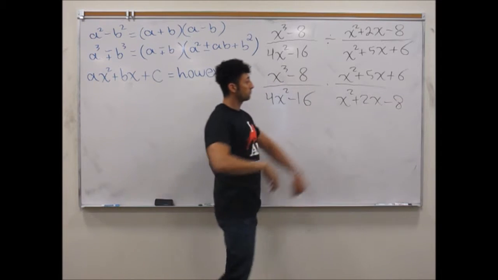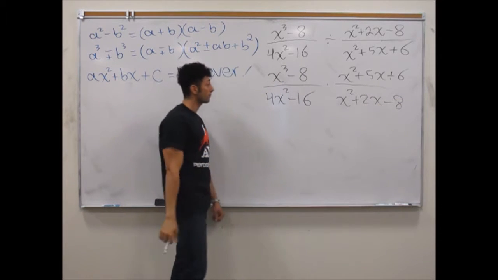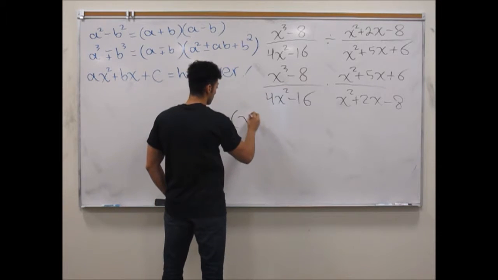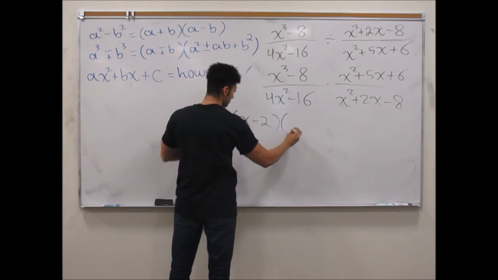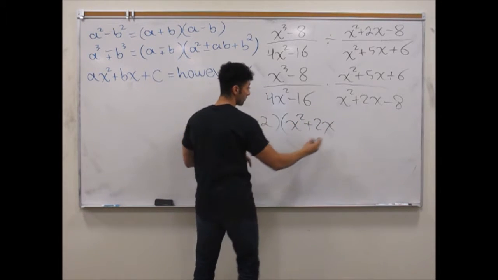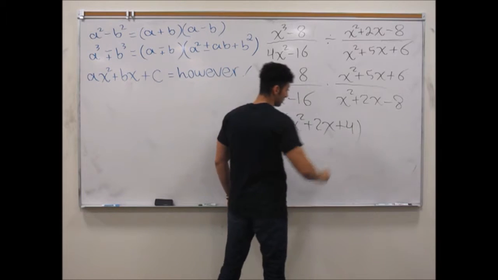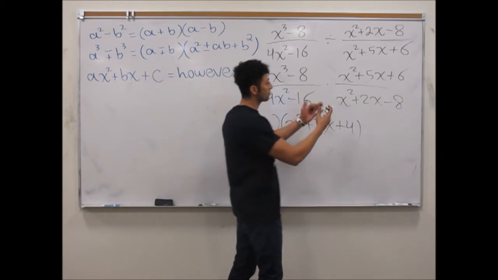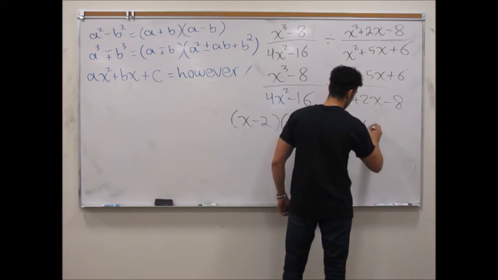Okay, so now that stuff's over with, let's get into the real thing. So this is the difference of cubes. So it's going to be x minus 2. Square the first, opposite sign, multiply them, square the last. I have to squeeze this guy in now, so that's just 3 and 2.